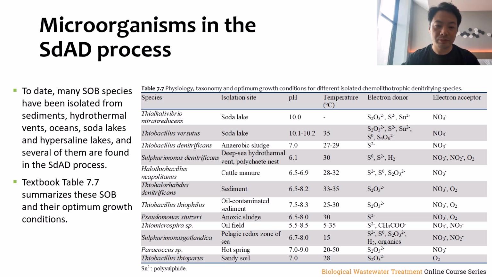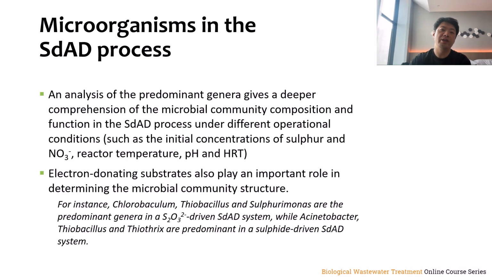And most SOB have an optimal growth temperature around 30 degrees Celsius, though some, such as Pyrococcus, tolerate both psychrophilic and thermophilic conditions.